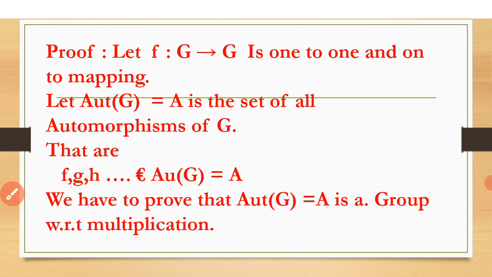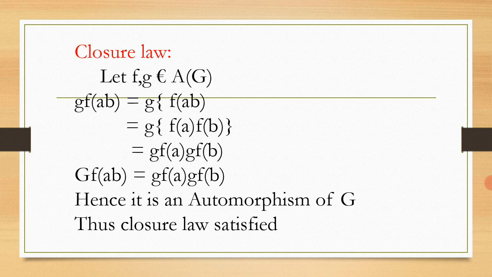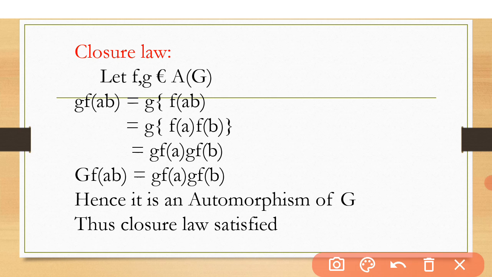Let's start. We will apply our first property, that is closure law. For closure law, we introduce two elements, f and g belonging to A. So (f∘g)(ab) will be equal to g(f(ab)) by associative law. As we defined earlier that it is a homomorphism, so g(f(a)f(b)), and then g(f(a))·g(f(b)).